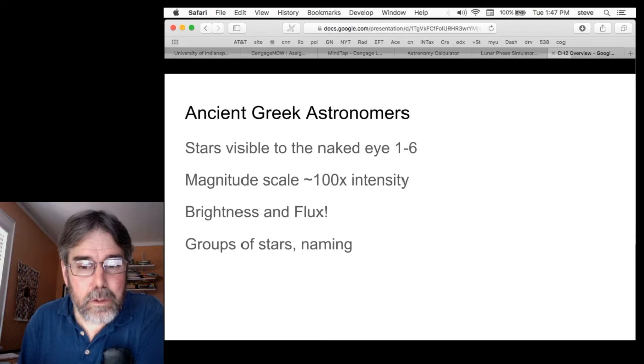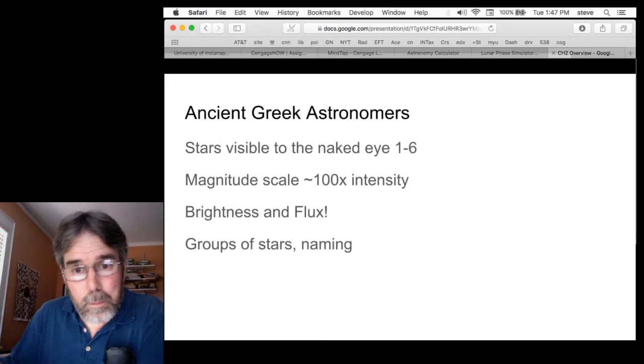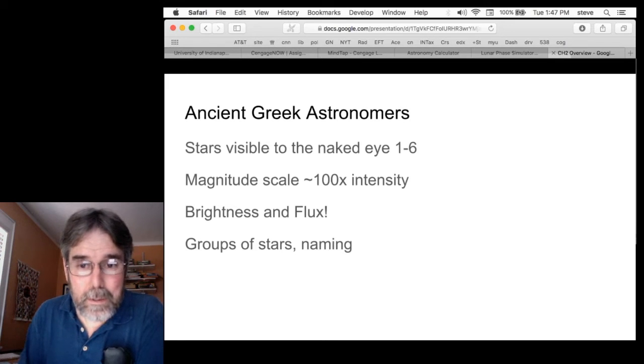And so you'll often see stars that belong to constellations given names according to the Greek alphabet. So there's Alpha Centauri. Alpha Centauri is the brightest star in the Centauri constellation, and so on. And Beta and Gamma and Delta are less and less and less bright. Epsilon would be the 5th brightest star in the constellation, and so on.